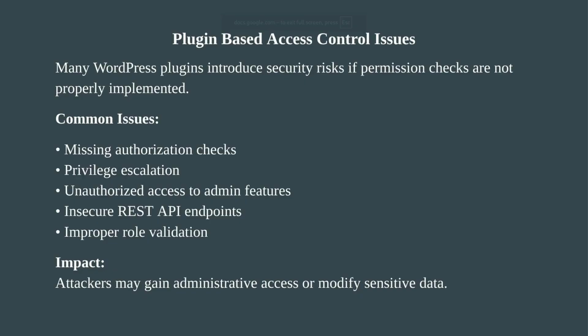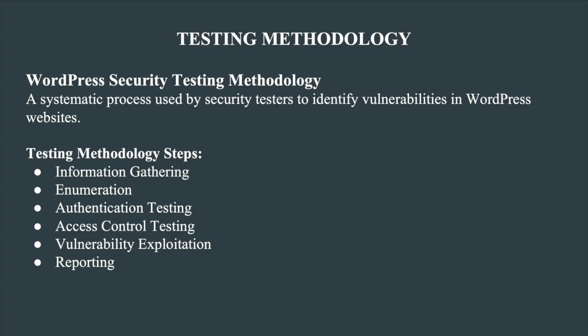These are the impacts. Testing methodologies to identify these vulnerabilities. Security testers follow a structured approach. The first step is information gathering, and next is enumeration, where tools are used to identify users, plugins, and system details.